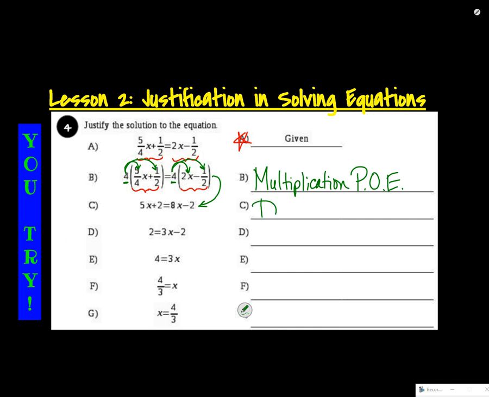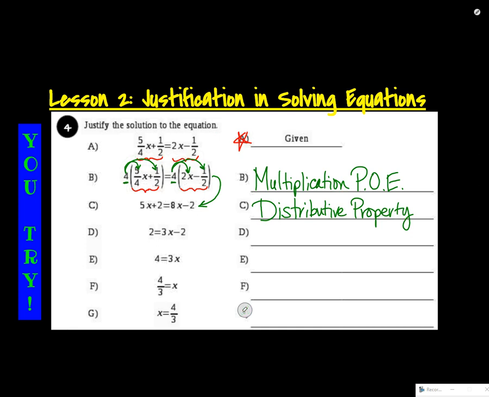It is called the distributive property. So notice I'm not writing POE. It's not a property of equality. Yes, it happened on both sides. It just happened because we had multiplied both sides by 4. It's not a property of equality, though.